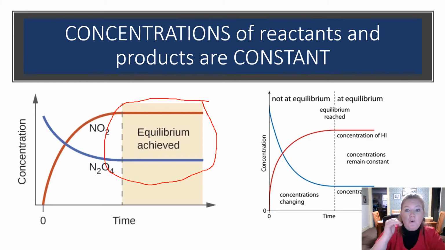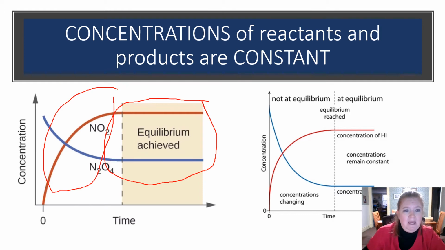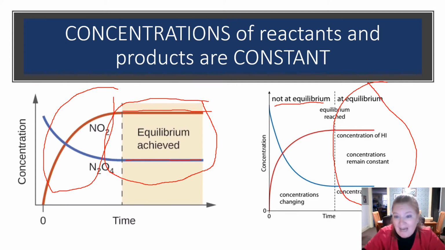So rates are equal, but concentrations are constant, and that's how I can tell when I reach equilibrium. Over here, this is not equilibrium. As soon as I reach equilibrium, the concentrations are constant. Again, not at equilibrium, because the concentrations are changing. And over here, we are at equilibrium because the concentrations are constant.